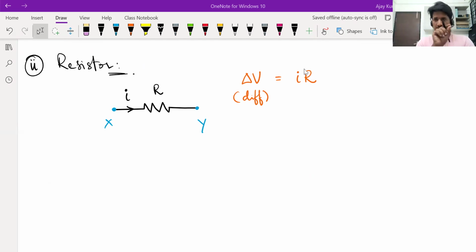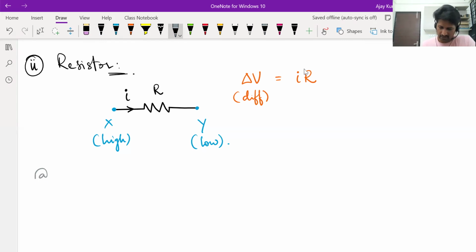Now here, current is flowing from X to Y, means X is at high potential and Y is at low potential. So the left end of this resistor is at high potential, the right end is at low potential. That is what it indicates. Now see, first case, when you move from X to Y, X to Y means when you move in the direction of current.